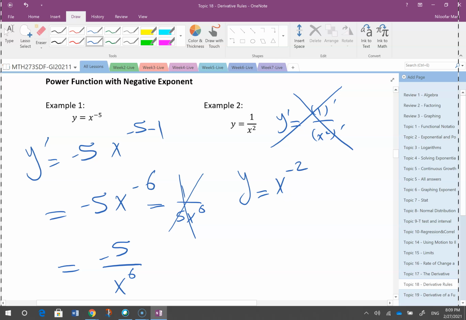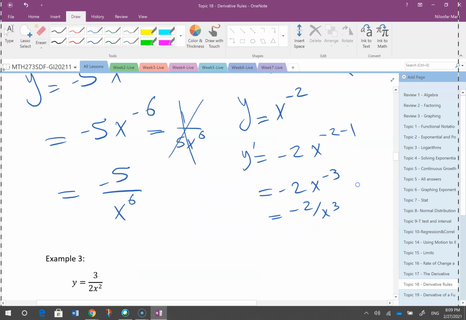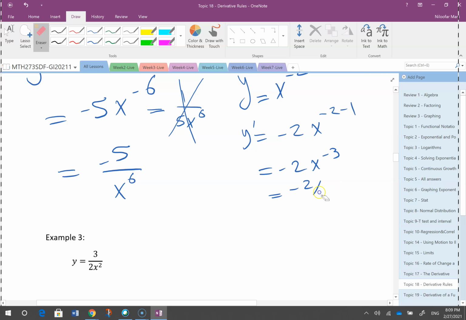You can bring it up and change the exponent to negative. We need it because we have formula here. Y prime is minus 2x power minus 2 minus 1, which is minus 2x power minus 3, which is minus 2 over x power 3. Okay?